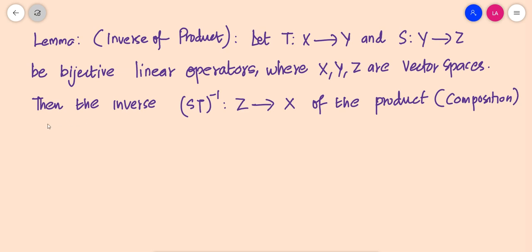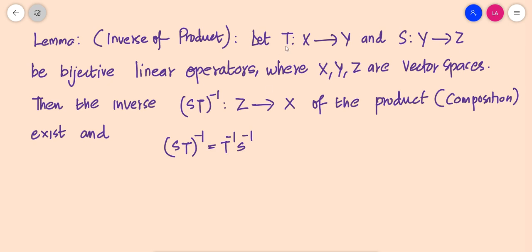The composition function exists, and (ST) the whole inverse is equal to T inverse S inverse. So (ST) inverse is the composition of T inverse and S inverse.